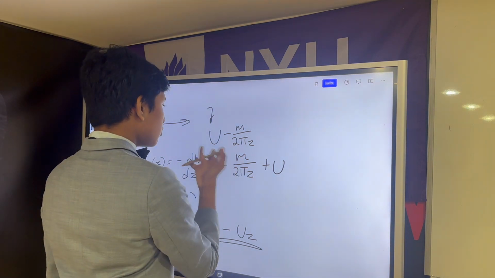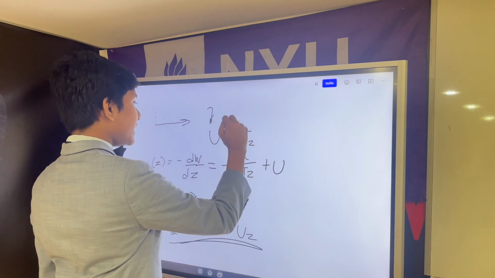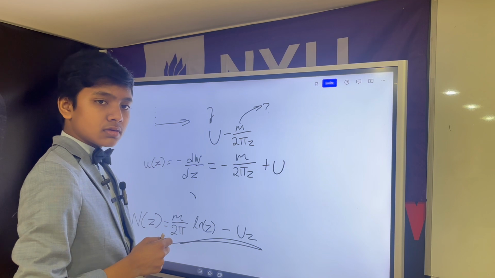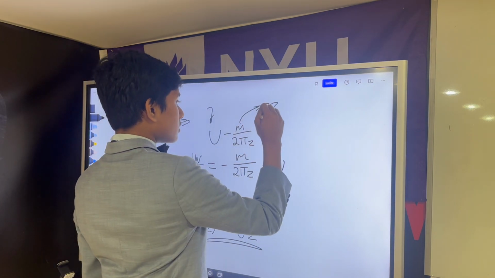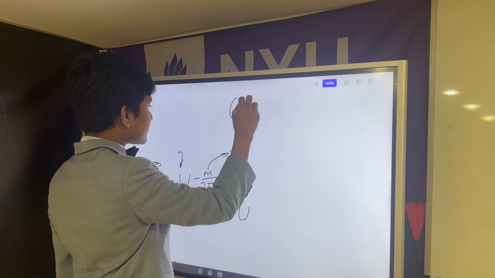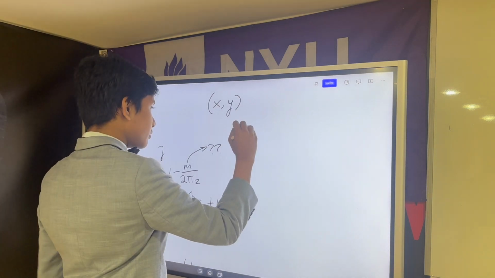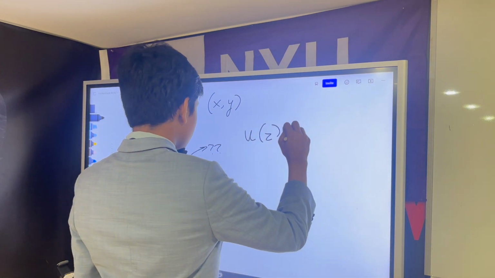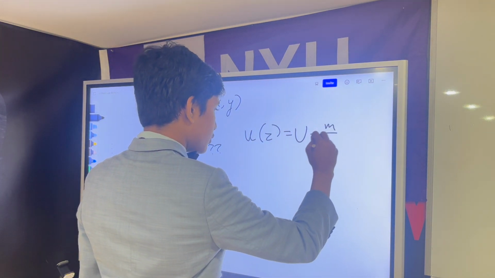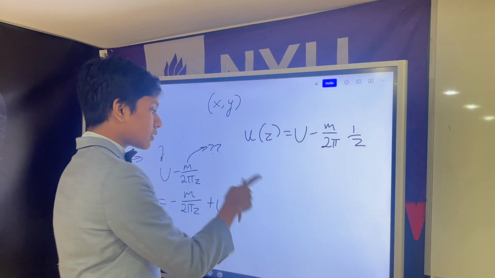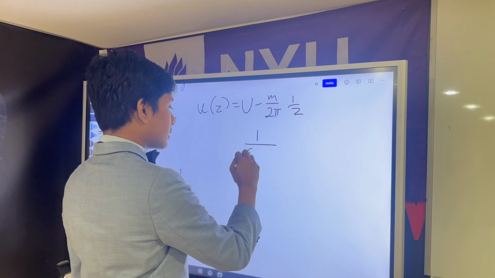So now, what would happen if we tried to make this into the classic Cartesian coordinates? Well, we can do that. You take u of z is equal to u minus m over 2 pi 1 over z. But what's 1 over a complex number? Well, let's say we have 1 over a plus bi.